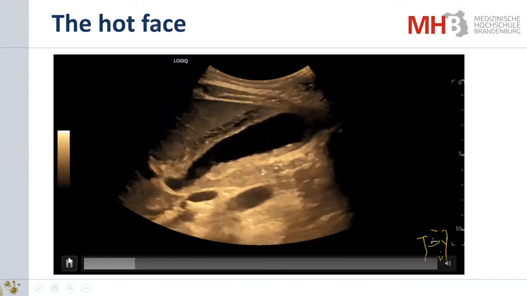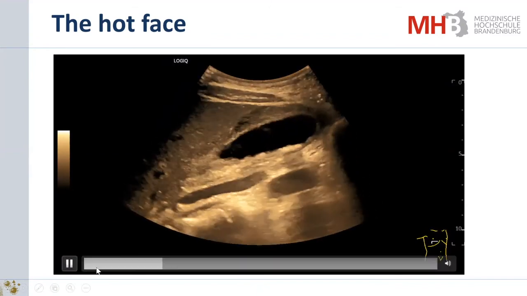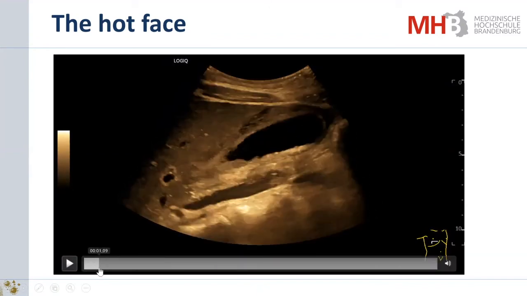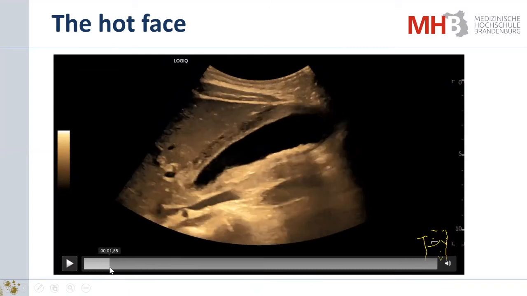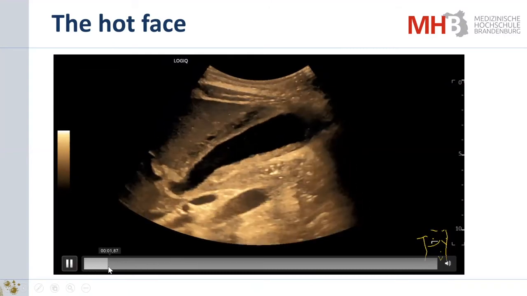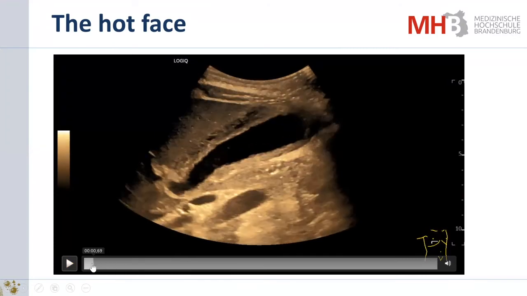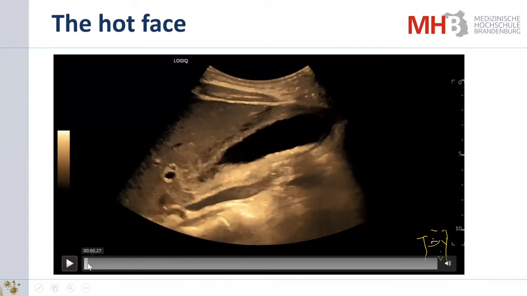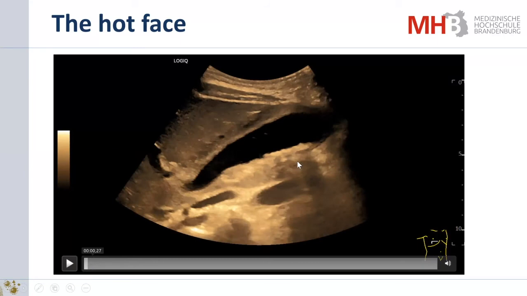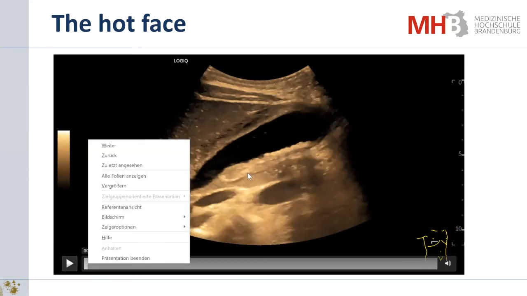Here we can see, let me stop at this point. Here we can see that these echogenic reflexes cause shadowing here, here, here.